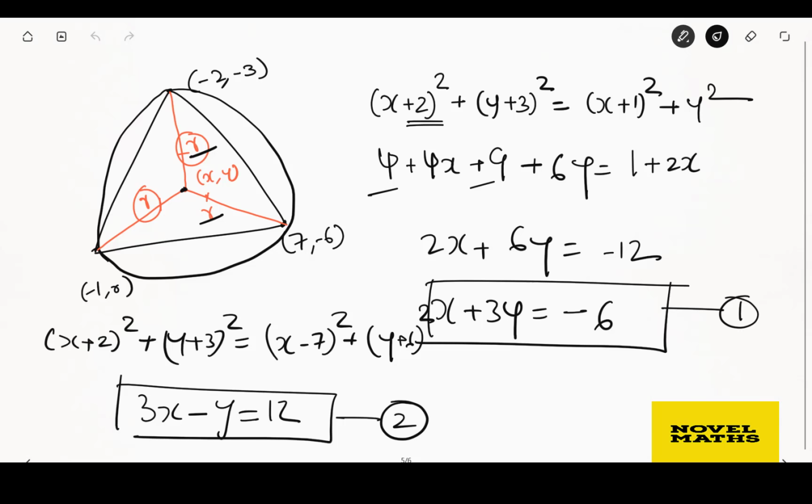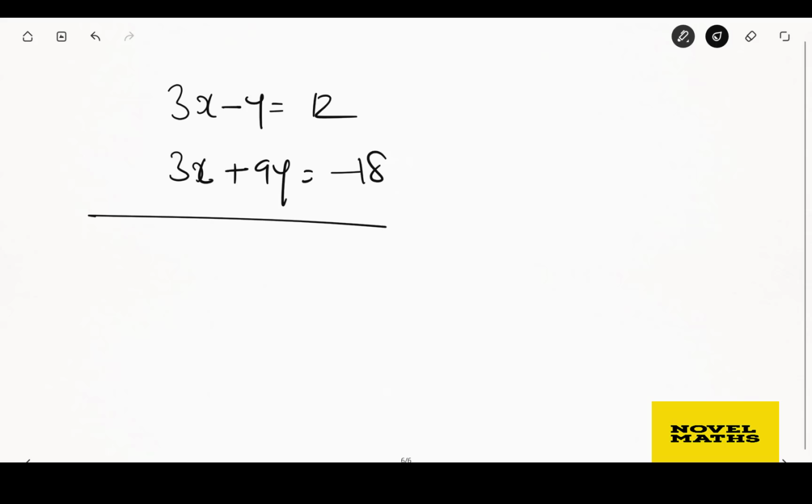Let's solve this. So 3x minus y is 12. This was 12, not negative 12. Okay, and the other equation was x plus 3y is negative 6. So we can multiply by 3 on both sides: 3x plus 9y is negative 18.